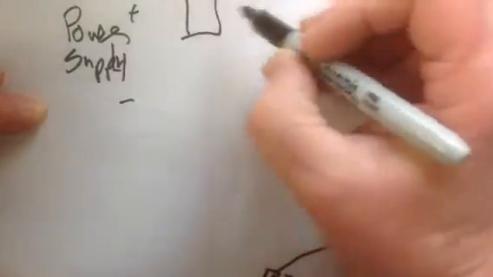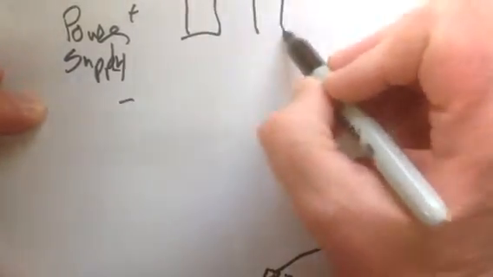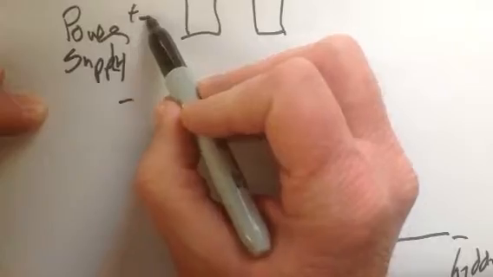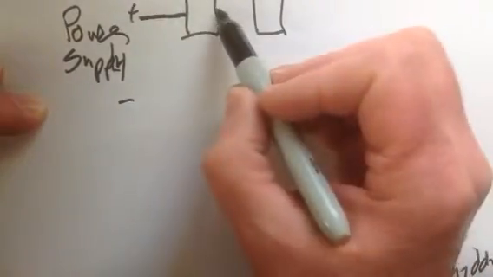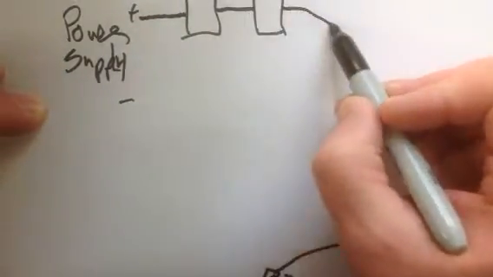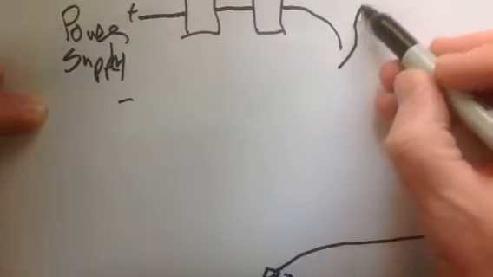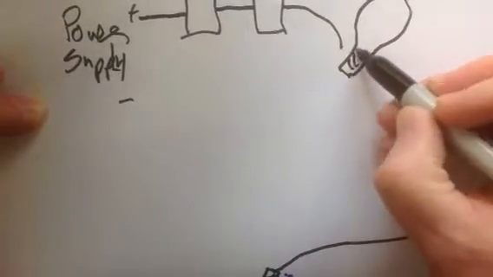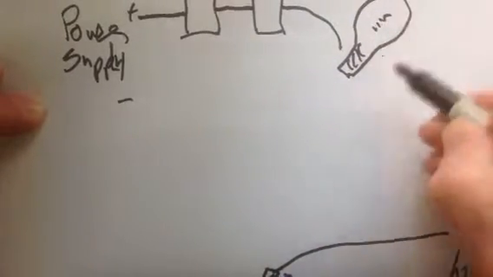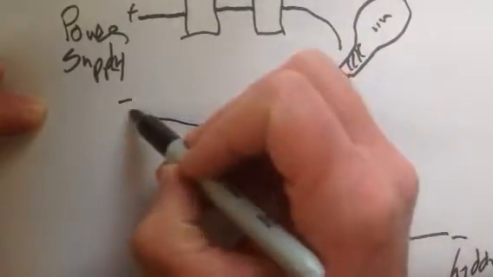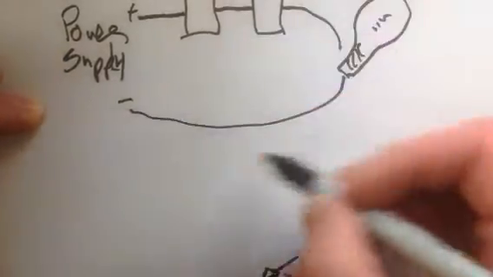But let's put two switches in the circuit. So the positive comes to the first switch, goes to the second switch, then it goes to our light bulb. Sorry, I'm taking time to make my drawings here. And then back to ground, or basically a closed circuit.